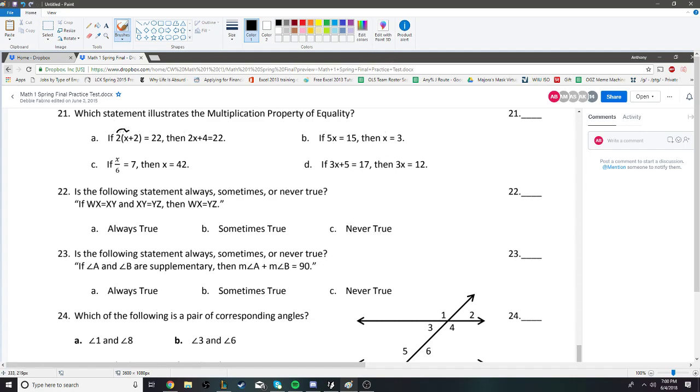This one would be the distributive property, not A. This would be the division property, B. If you times 6 to both sides, you'd get 42, so the answer is C. This one would be the subtraction property. If A equals B and B equals C, then A equals C. This is an example of the transitive property, which is always true.